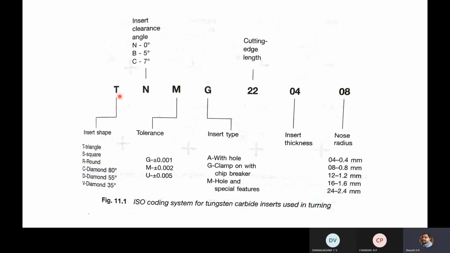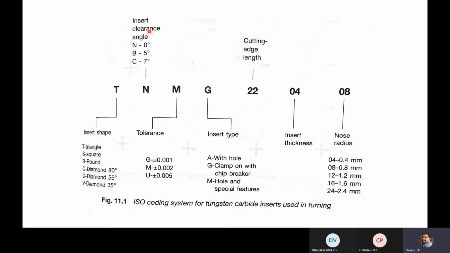Again, every alphabet or number has its own meaning. In this particular coding, T indicates the shape of the insert. An insert may be triangle in shape, square, round, and diamond with different angles. Here T means this insert is a triangle shape insert.